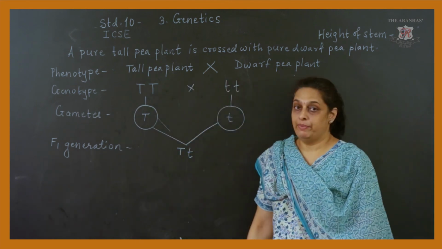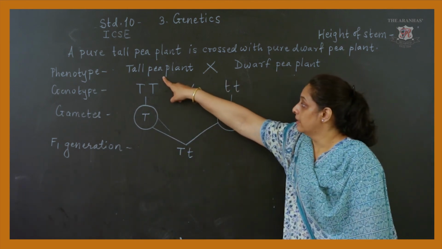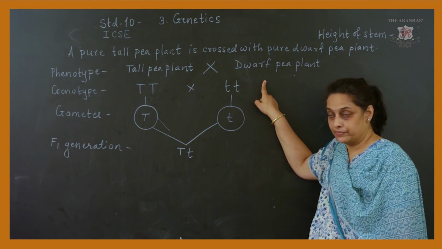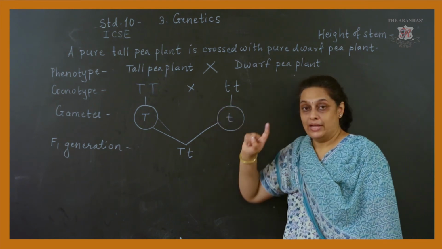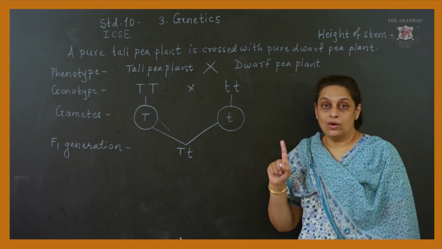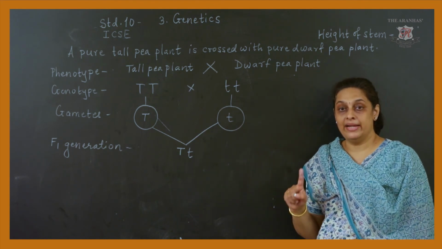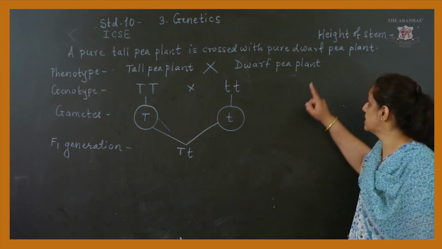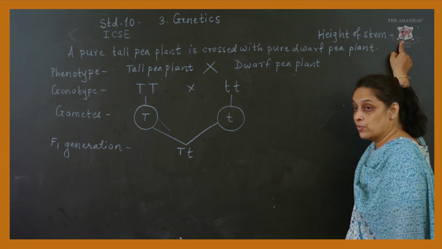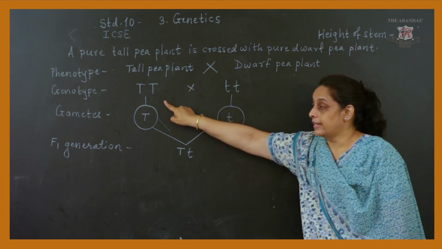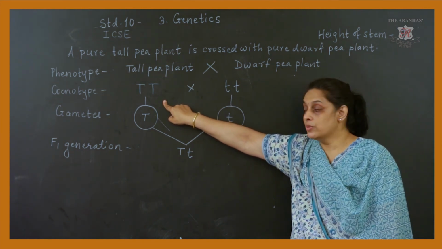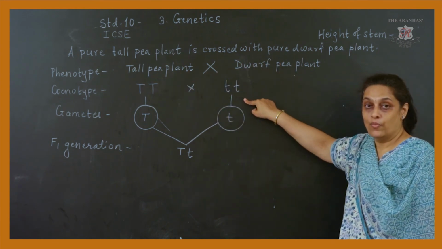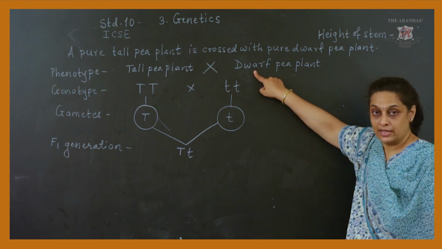Okay, students, I will repeat now this quickly. Parents are tall crossed with dwarf. I told you that one letter or alphabet was assigned by Mendel for every character. So, for height character, height of the stem character, letter used was T. Capital T was used for tallness and small t was used for dwarfness.